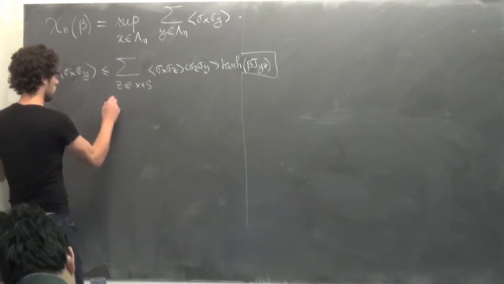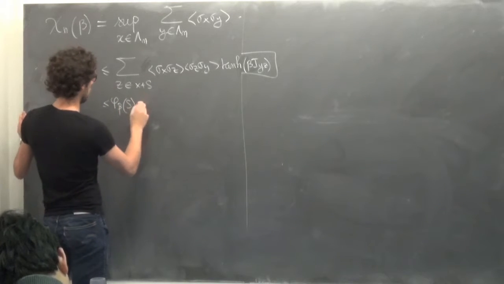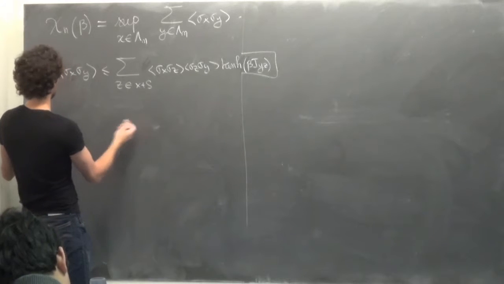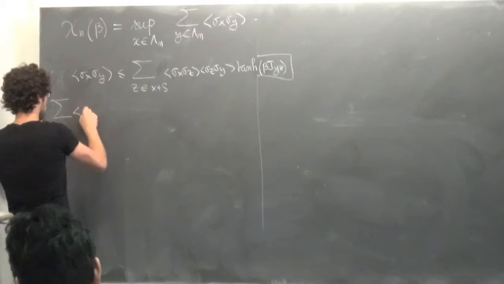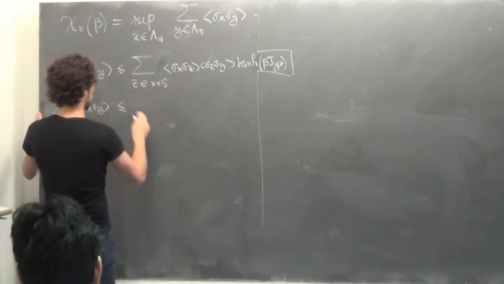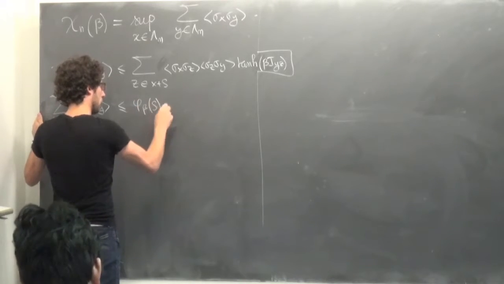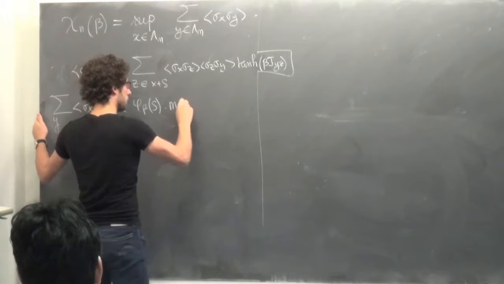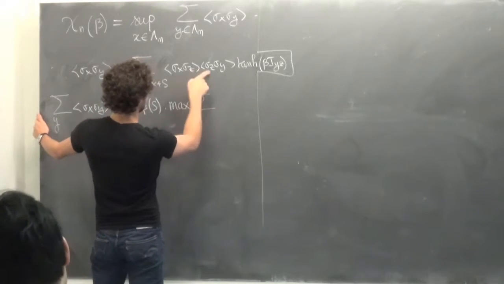So this is smaller or equal to phi beta of S times, let's say, now I sum over x, sum over y.